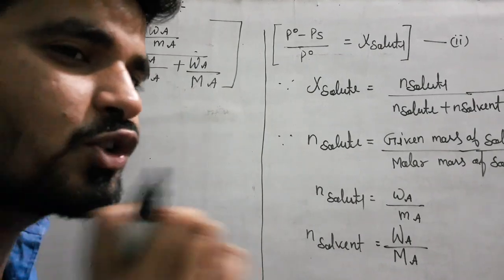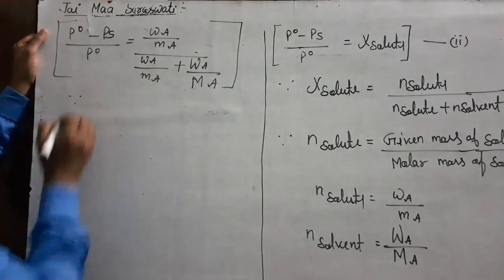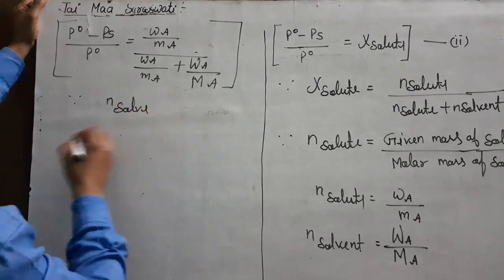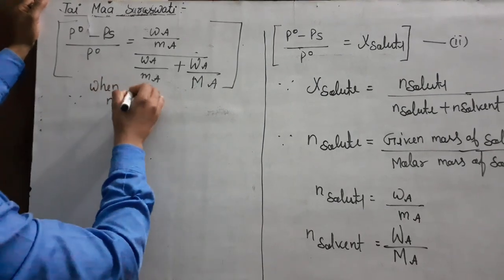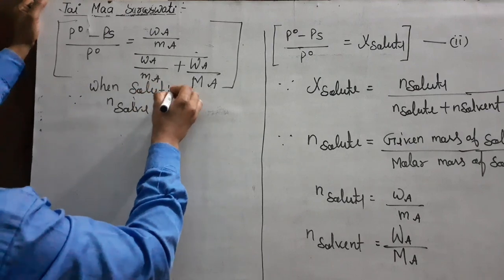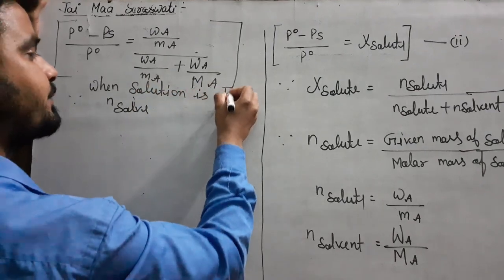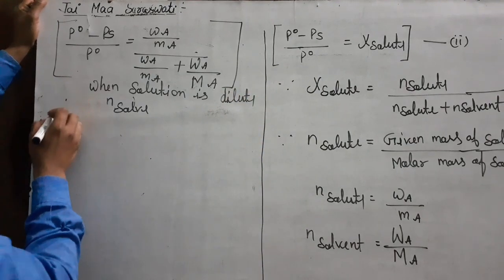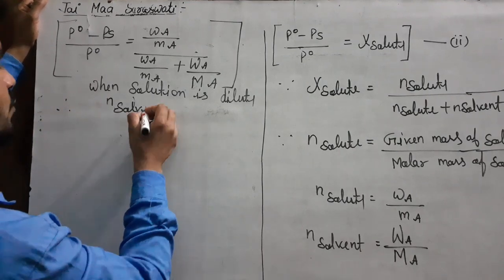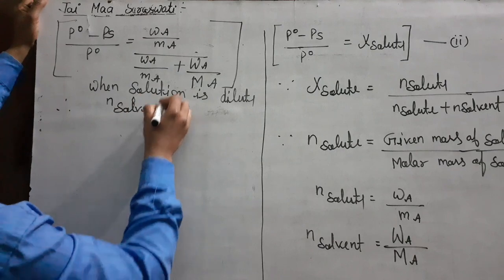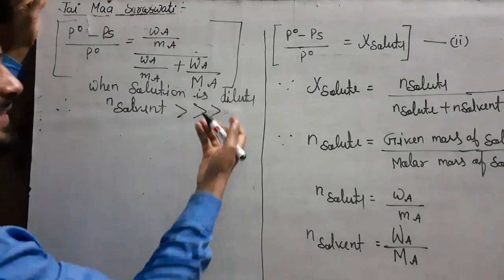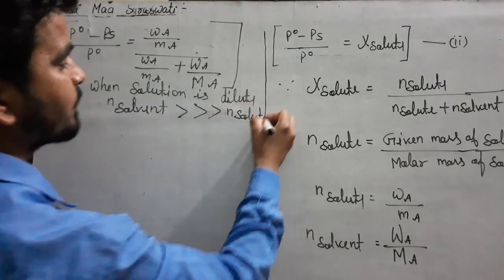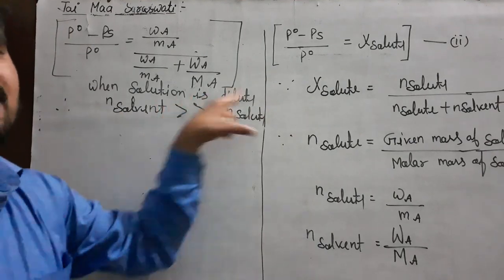But one more thing: if your solution is dilute, then n solvent is much greater than n solute.